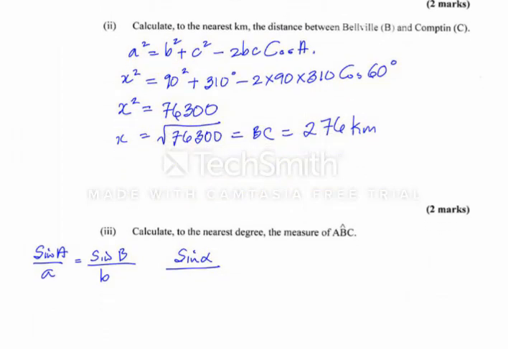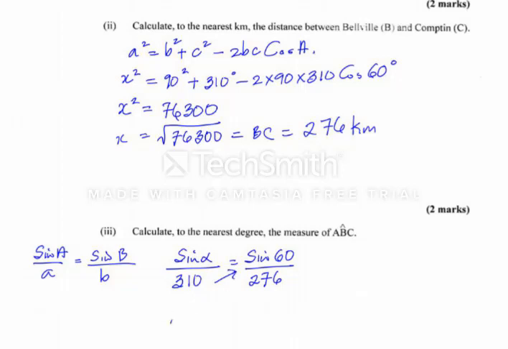So it's over 310 is equal to sine 60 degrees over the side opposite to the 60 degrees, which is 276. All right, so let's bring this up there.